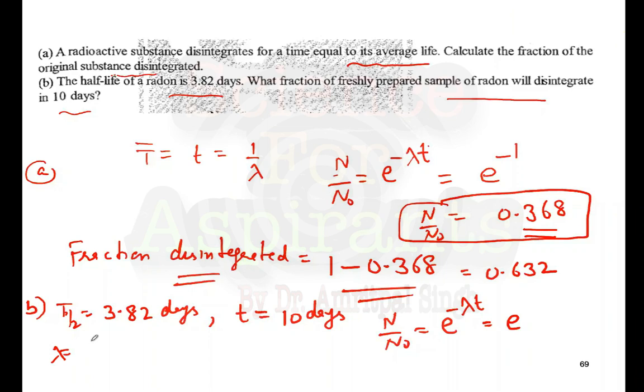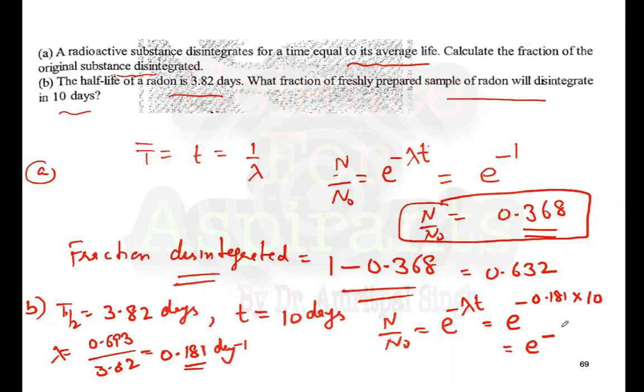Lambda comes out to be 0.693 over 3.82, which is equal to 0.181 per day. Putting in this value of lambda, minus 0.181, t is 10, so this comes out to be e raised to the power minus 1.81, which is equal to 3 by 20.